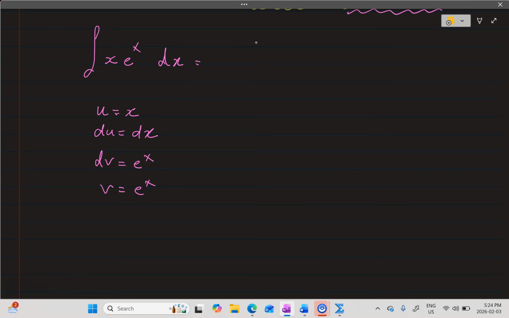We have x, and v is e to the x, minus the integral of v du, and v again is e to the x, du is dx. And look, this is easy now. We can deal with that. So let's rewrite: x e to the x minus e to the x plus c. Simple as that. This was the second part.